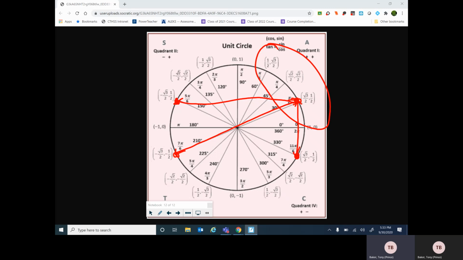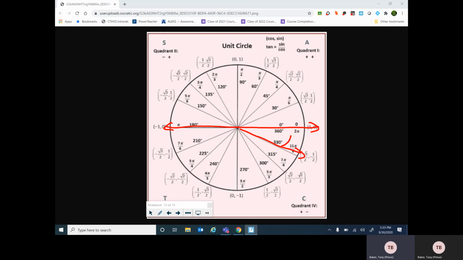So I'm going to find my reference angle. When we're looking for reference angles, no matter where the angle is, I want to get back to this center line. So if I have an angle that's over here, I'm looking to go back to that. In this case, it's going to be pi over 6. Here's my reference angle, because that's how much I would need to get back to that center line.